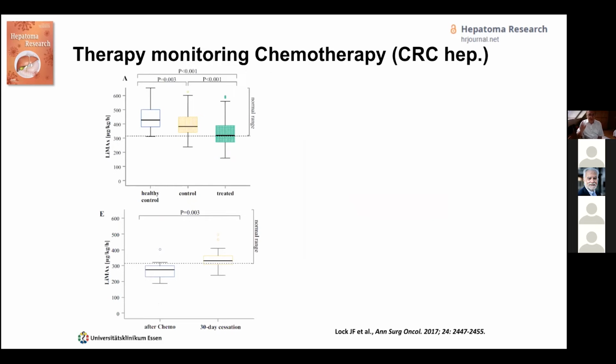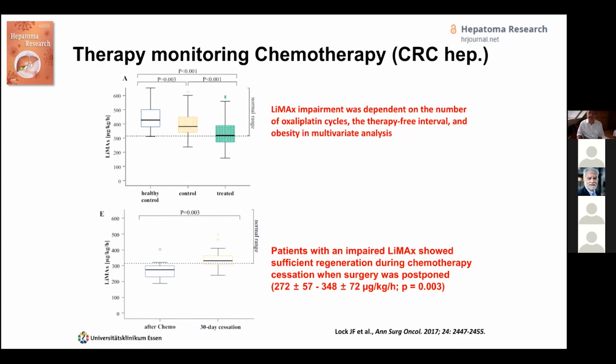Now some data, for example, for monitoring chemotherapy, it is helpful, and you can see that if we have LiMAx impairment, this is also dependent on the cycles of oxaliplatin, for example. And we can see here patients with healthy markers, and those patients treated with oxaliplatin have impaired liver function, and this can already be measured using this test.